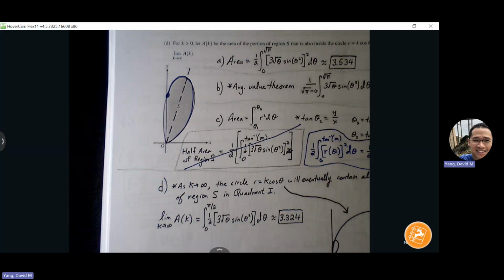Also, we know that this curve is fanning out counterclockwise, so it's building out this way. And when it hits pi over 2, that's when it hits the y-axis. After that, it starts moving into 2 pi over 3 and things like that.